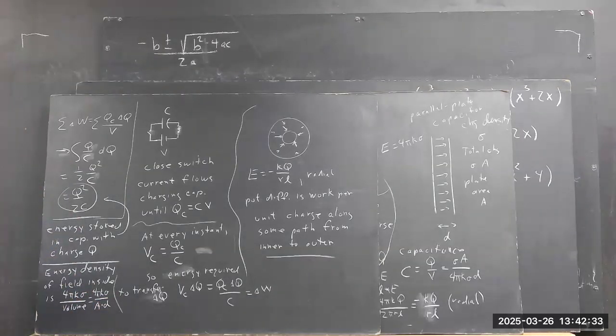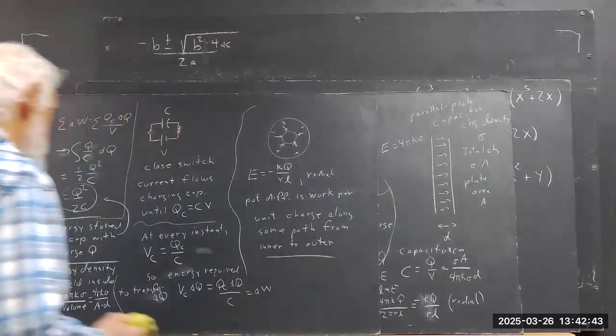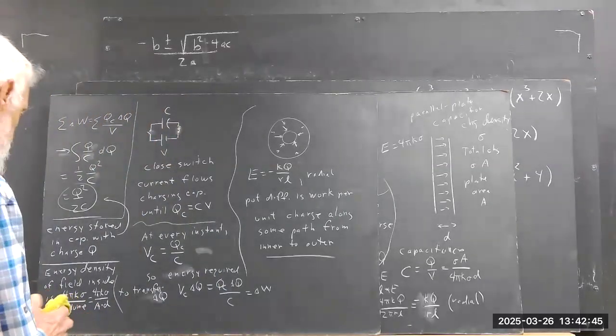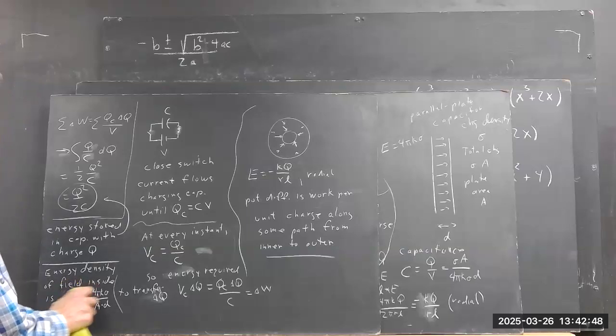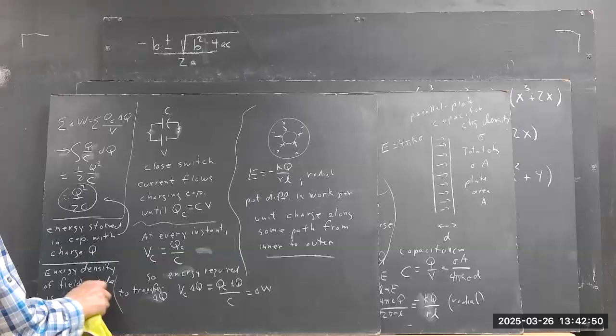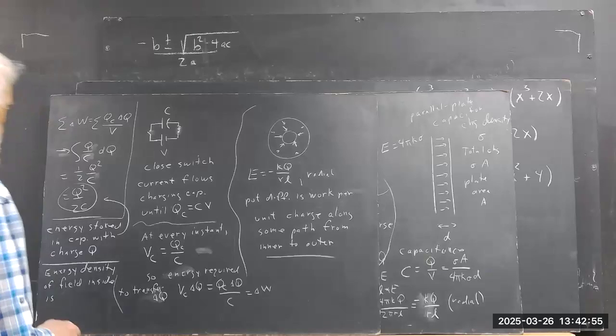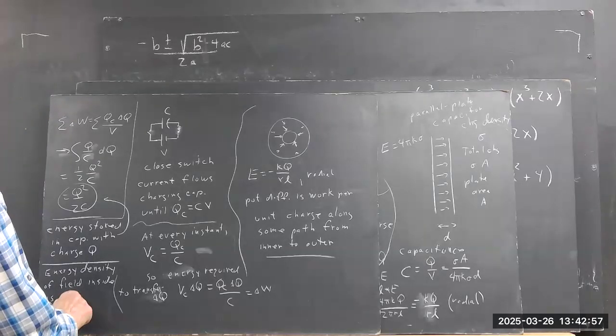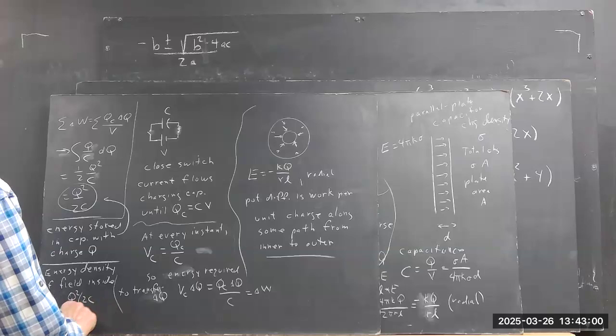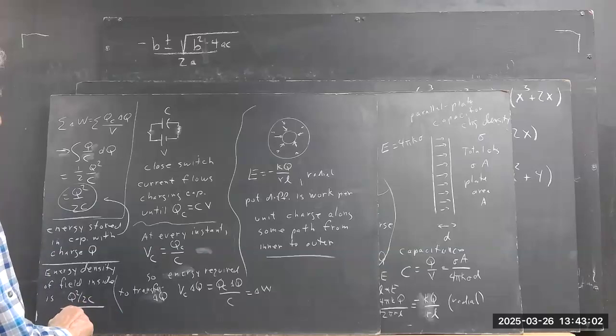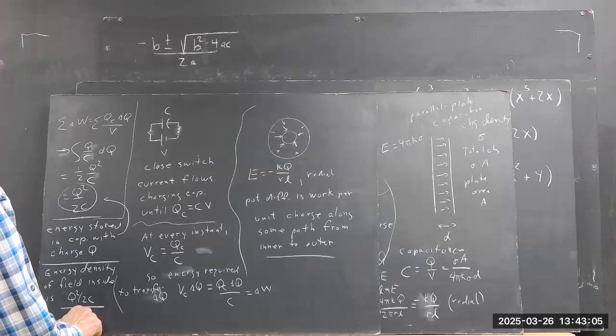Four pi k sigma over A times D. Uh-oh, 4 pi k sigma is not 4. It's Q squared over 2C divided by A times D.